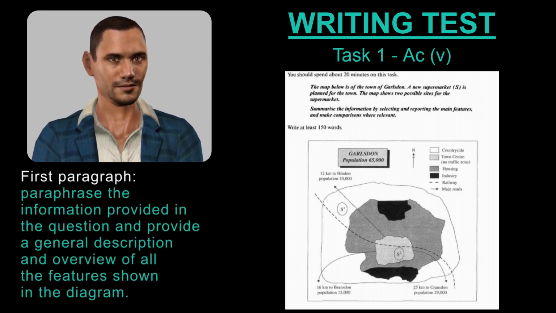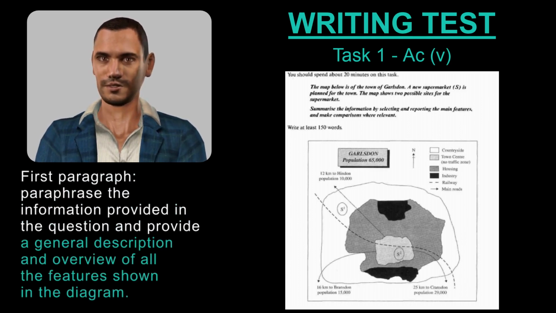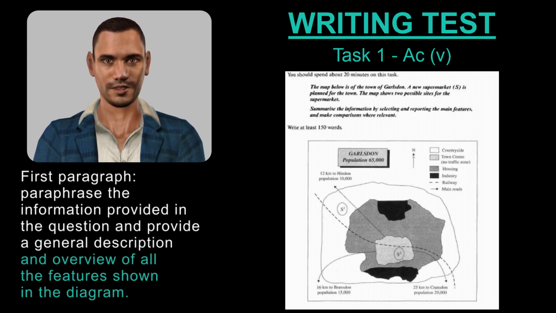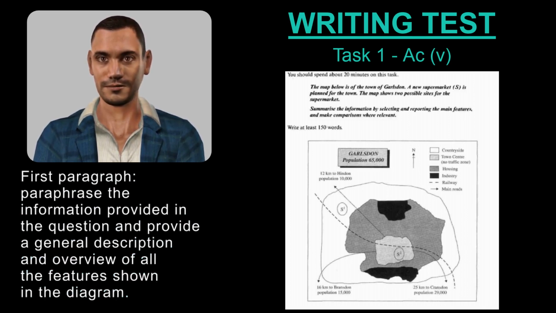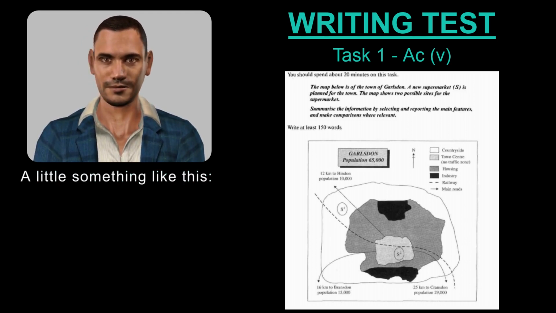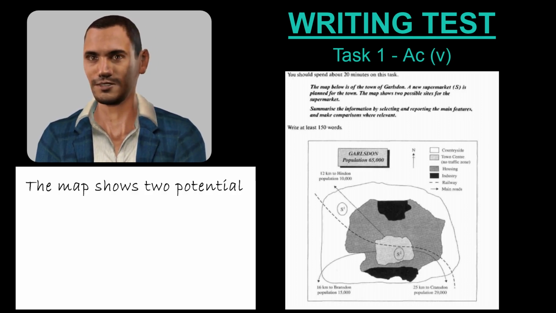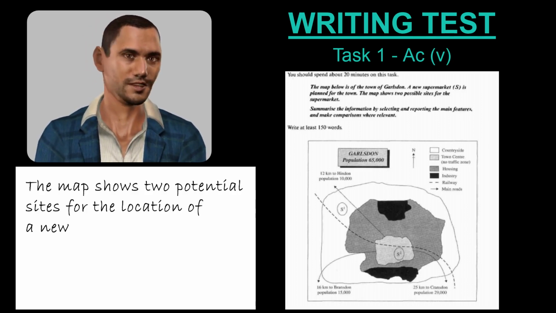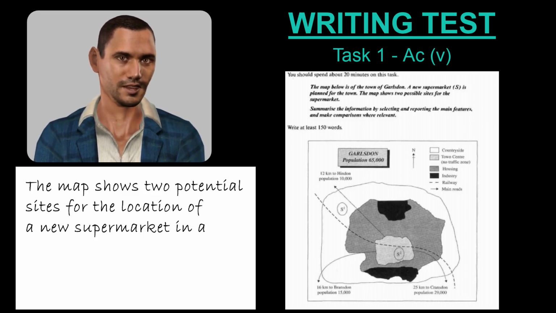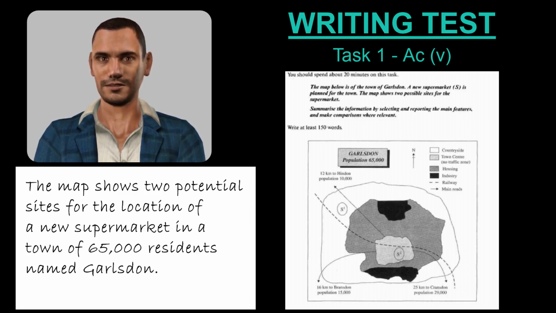First paragraph. Paraphrase the information provided in the question, and provide a general description and overview of all the features shown in the diagram. A little something like this. The map shows 2 potential sites for the location of a new supermarket in a town of 65,000 residents, named Galston.